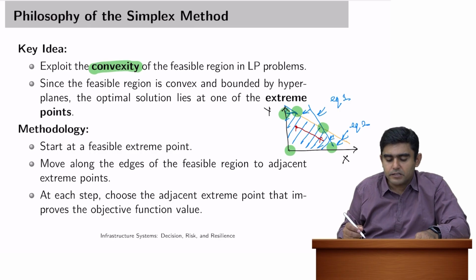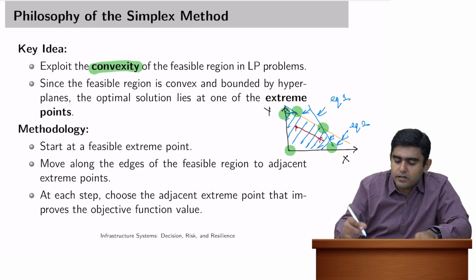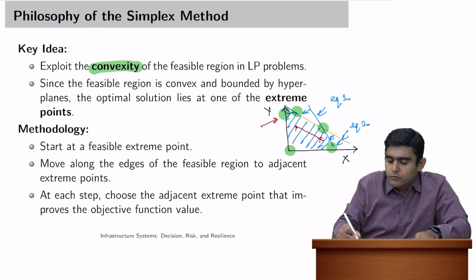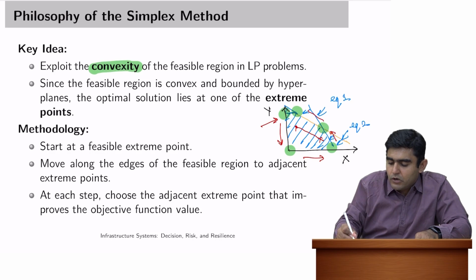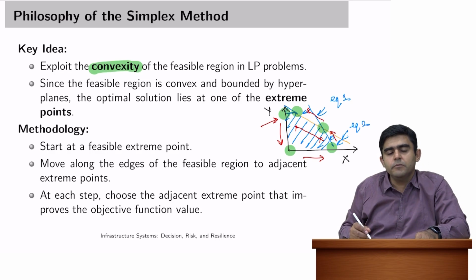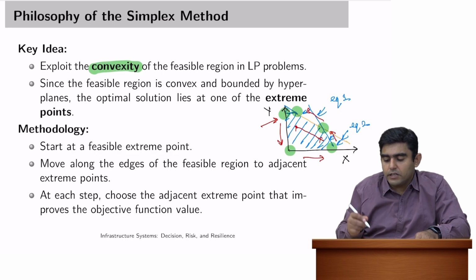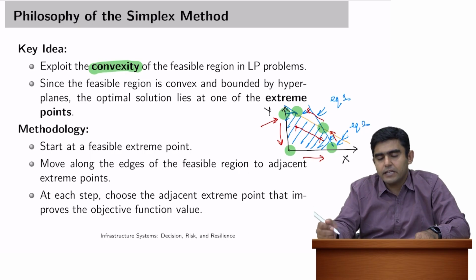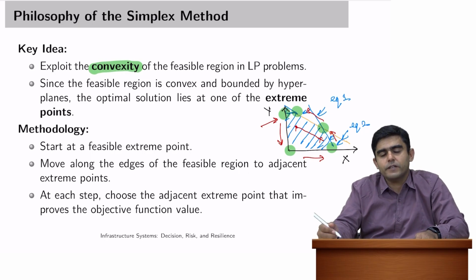In the simplex method, we start from any feasible extreme point, and then we move along the edges like this, and so on, until we reach our solution, which is the most optimal. Now, in a two-dimensional setting like this, we would have a finite number of extreme points.